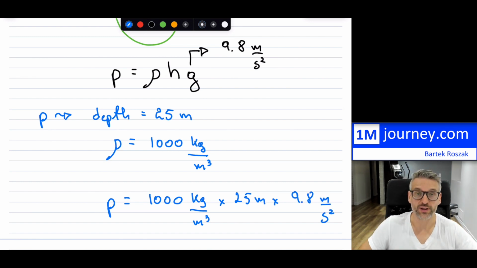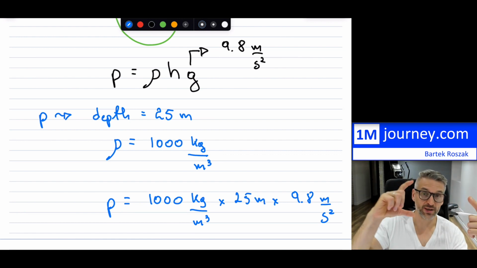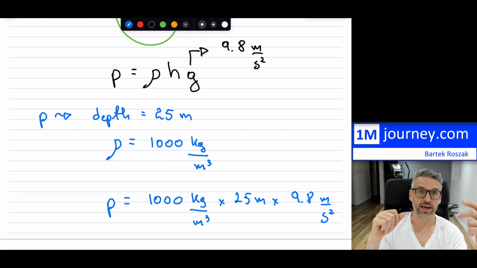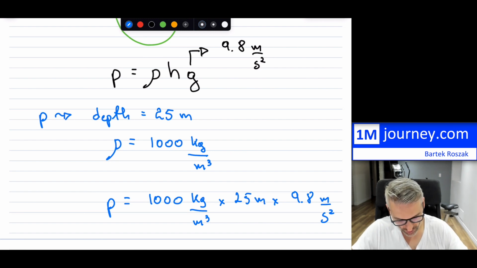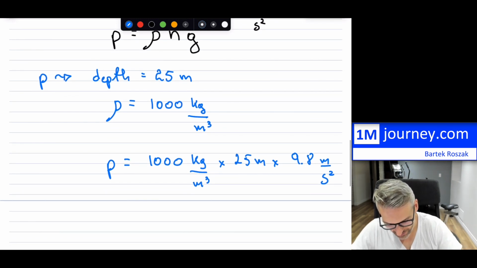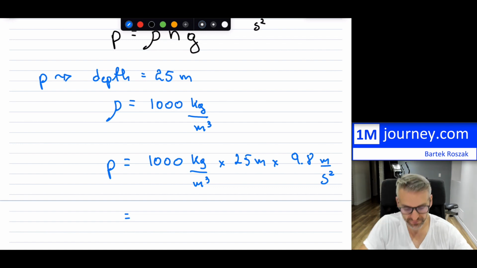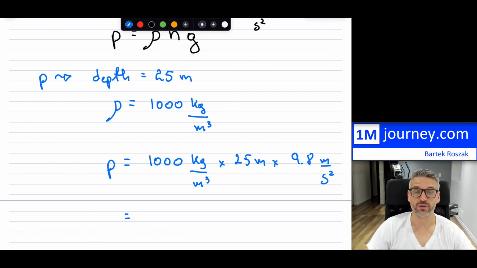Now, all of the units have to be in SI units, so kind of standard. So for density, you need kilograms per meter cubed. The height itself, make sure that it's in meters. And then the 9.8 is meters per second squared. So notice that all of these units will cancel off, and this indeed is going to give you the answer in pascals.